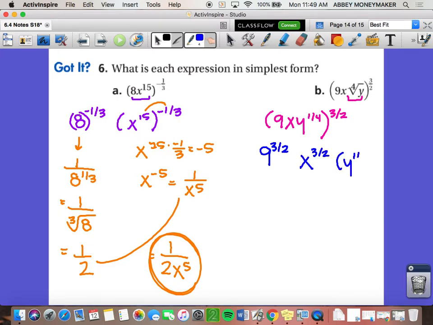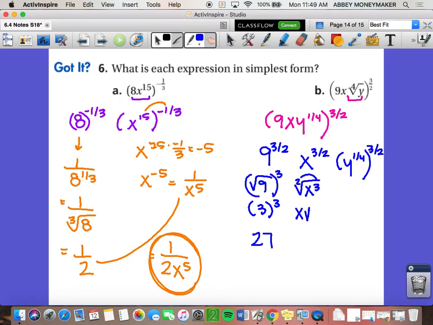And I can simplify. This is the square root of 9 cubed. The square root of 9 is 3. 3 cubed would give me 27. X to the 3 halves, there's really nothing to do with that except rewrite it as the square root of x cubed, and then realize 2 can go into 3 one time with 1 left over.